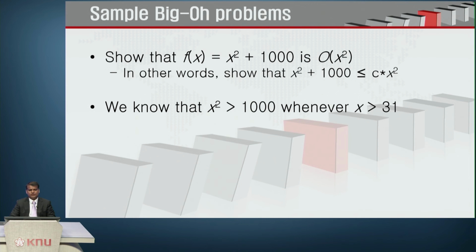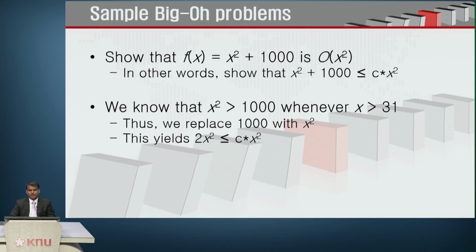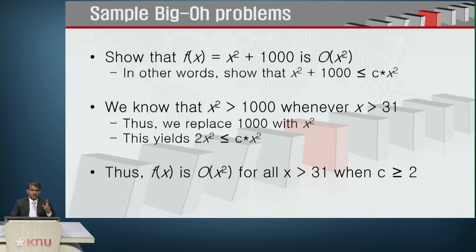We know that x square is greater than 1000 whenever x is greater than 31. So we replace 1000 with x square. Then you have 2x square is less than or equal to c times x square. C is the constant, so c can be 2 or greater than 2. So c is greater than or equal to 2.